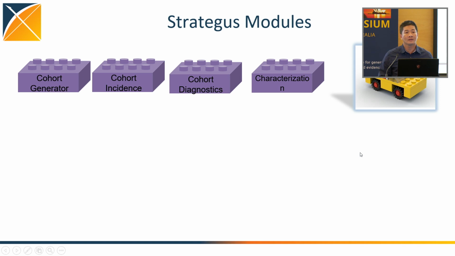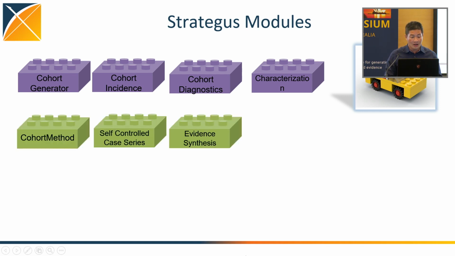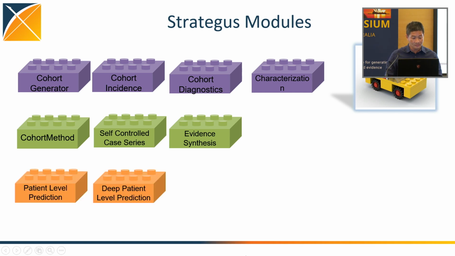For the Strategus modules, we have the cohort generator, cohort incidence, cohort diagnostics, and characterization. And we also have the packages, including cohort methods, self-controlled case series, and evidence synthesis. And we also have the patient level prediction and add in the deep patient level prediction.